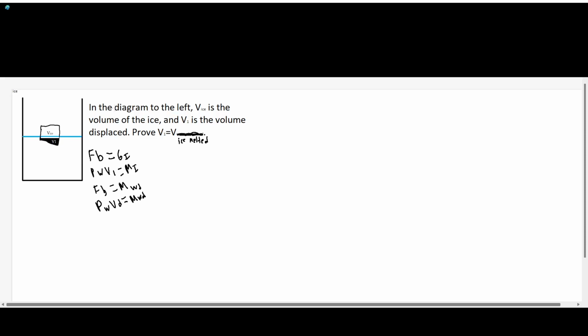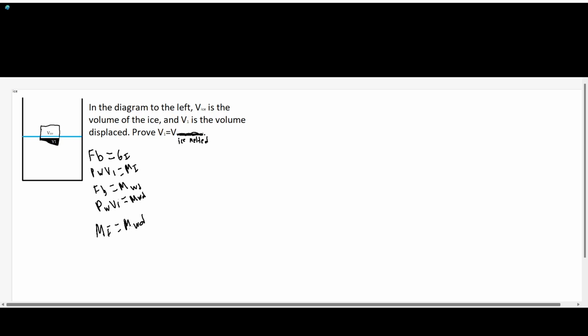And in this case it is not volume displaced, but V1. So what do we do now? Well, look, we have rho water V1, which is V displaced, twice. So we can get from that the mass of the ice is equal to the mass of water displaced.